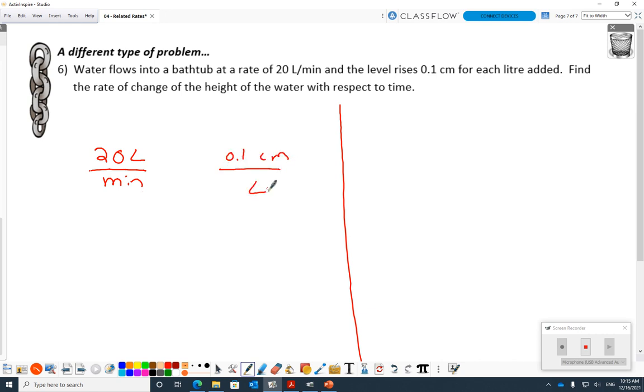Now strap in here, because my job is to say something that makes you go, oh, duh. And then start rethinking how you've thought about units the whole time. 20 liters per minute, 0.1 centimeters per liter, and I want the change of height with respect to time.